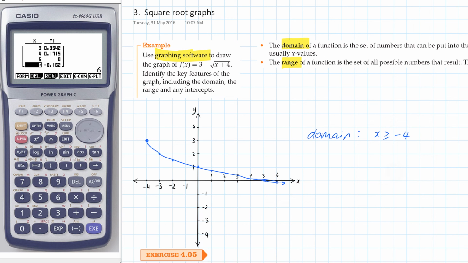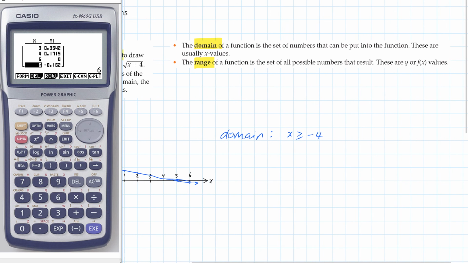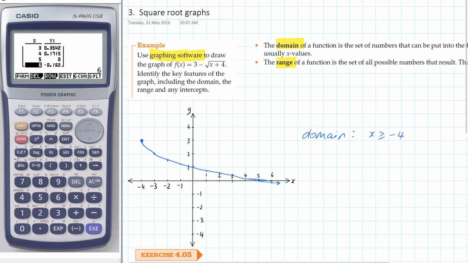And then the range is all the possible results, so that's our possible y values. So here you can see that it starts at 3, so our range for this graph would be y has to be smaller than or equal to 3.